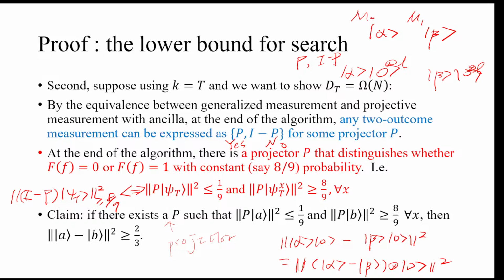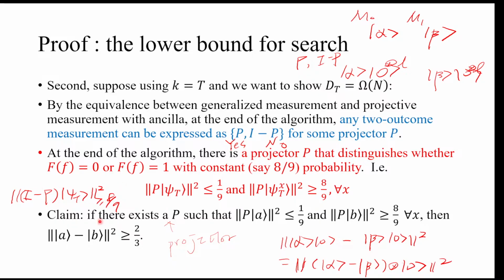So the probability of being correct is greater or equal to 8 over 9. That's by definition. So the no instance we want to be on the no projector, and the yes instance should be on the yes projector.